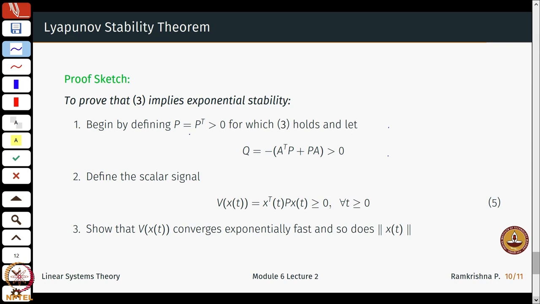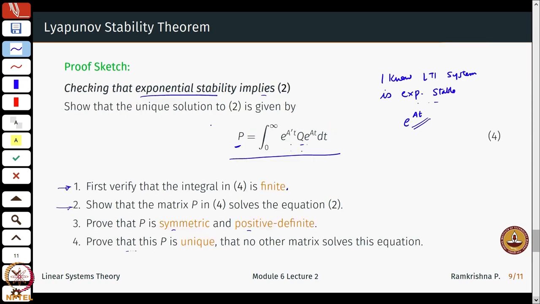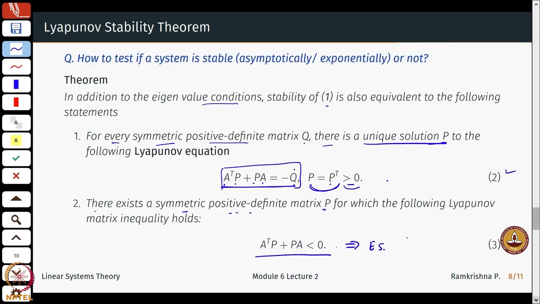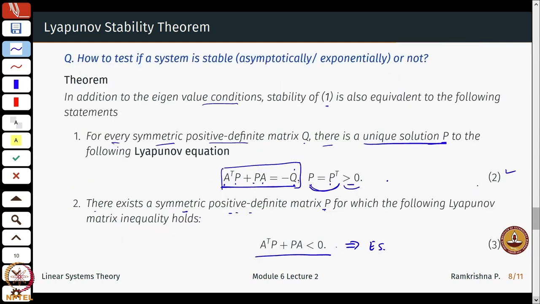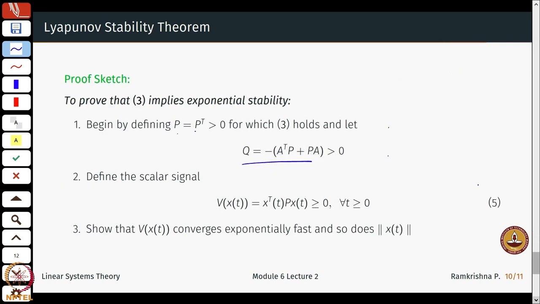Okay. So I start by defining a P which is again symmetric positive definite, for which 3 holds, this one, and I define this quantity like this. This comes from, say, equation number 2. Now I define another quantity, a scalar signal, where x comes from R^n.